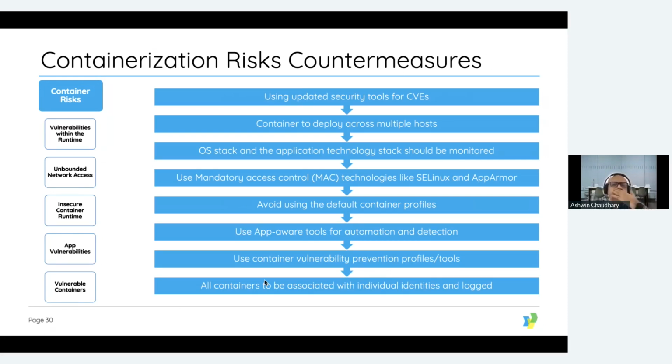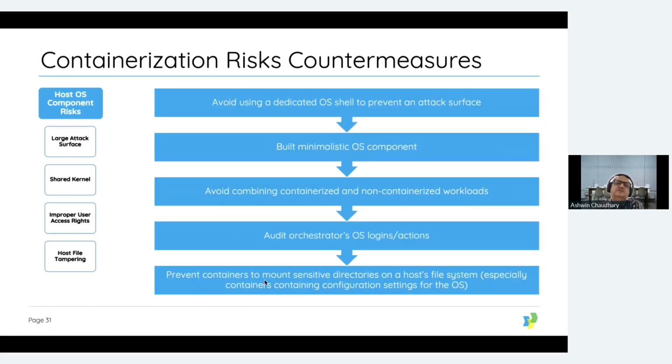And how do you counter them? Using updated tools for CVEs, deploying containers across multiple hosts, and monitoring the OS stack and the application technology stack using MAC controls, avoiding default profiles, using AppArmor tools and automation and detection, using container vulnerability scanning tools, and all containers should be associated with individual identities and logged. So logging is important.